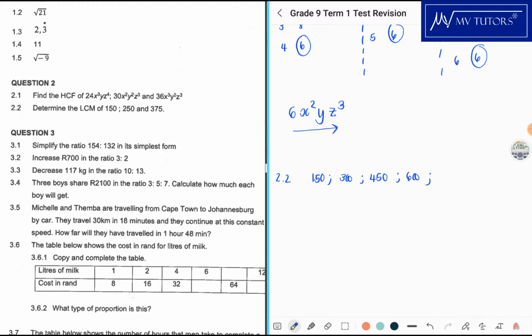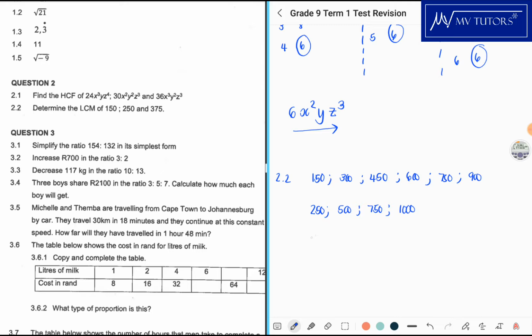So 600 plus 150, that's 750. 750 plus 150, that is 900. Maybe I'll stop there with the multiples of 150. Now let's go to 250. 250 plus 250 is 500. 500 plus 250 is 750. 750 plus 250 is 1,000. I think I'll stop here.